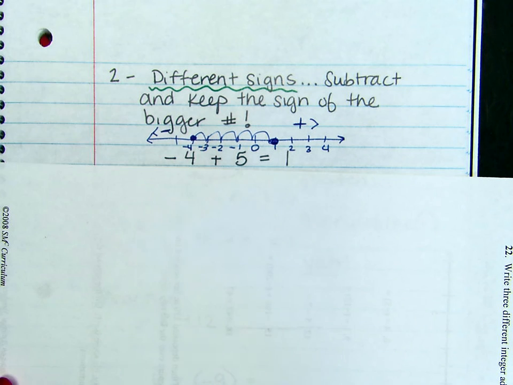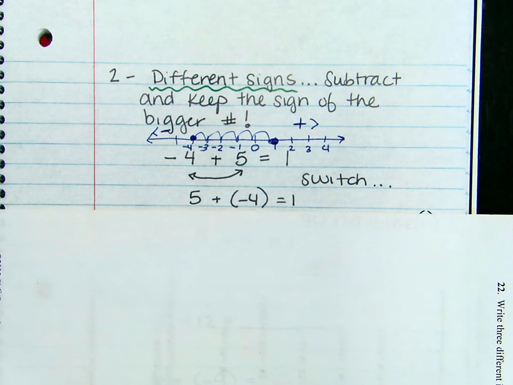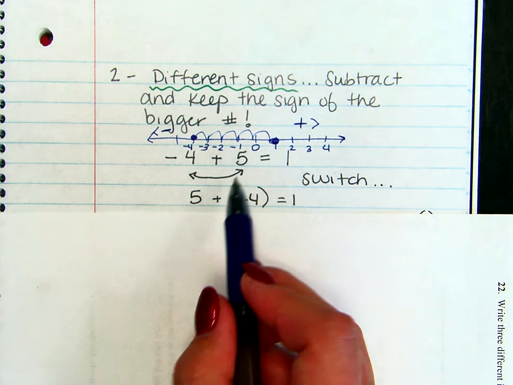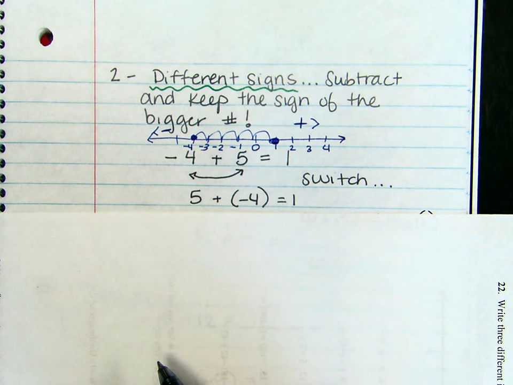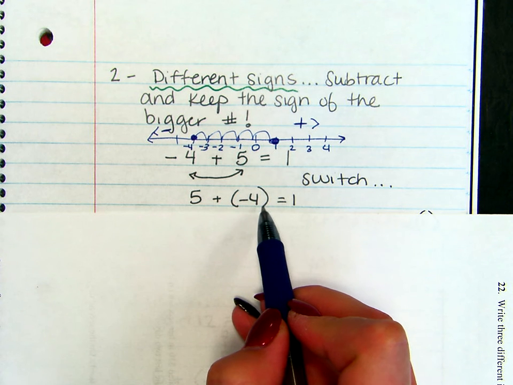But when we have different signs and we don't have that number line available to us, we can use a switch method. I'm going to switch the place of these numbers. So I'm going to go 5 plus -4.